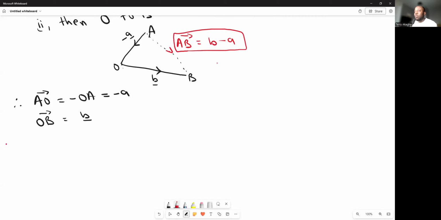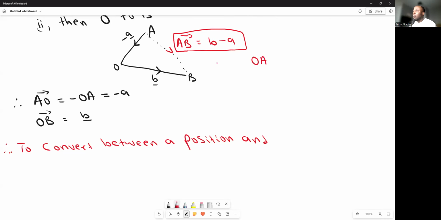So if you want to convert between a position and a located vector. So remember, OA and OB, these are position vectors, while AB is the located vector. So if you remember, I've talked about the difference between both of them.